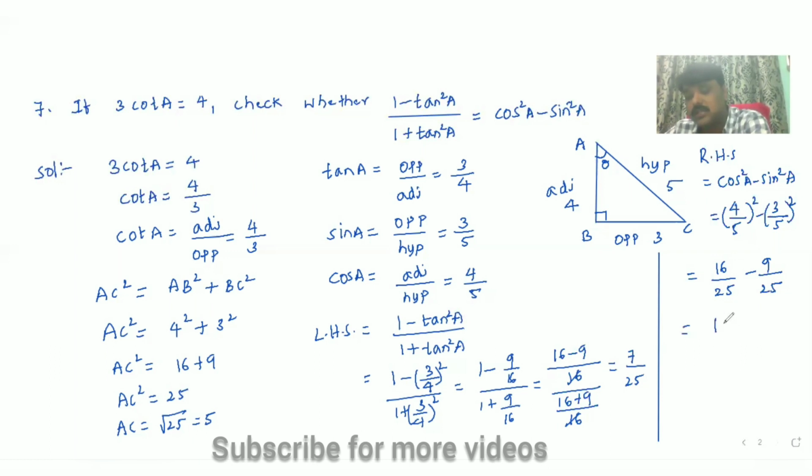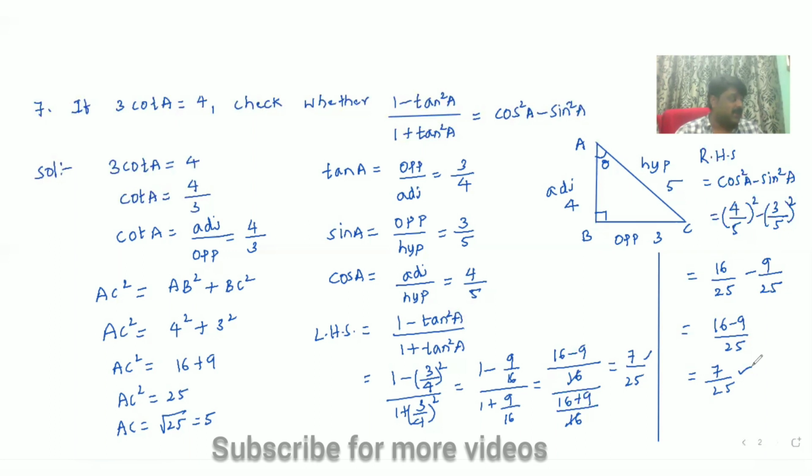That is 16 minus 9 by 25. Anyway, it is 7 by 25. Therefore, we got LHS equals to RHS. This is the problem.